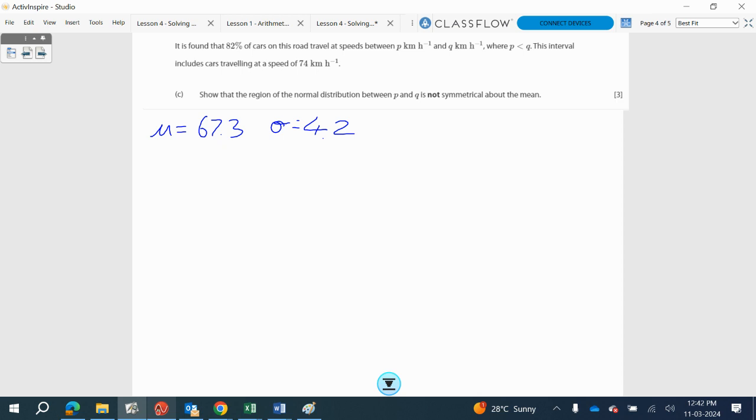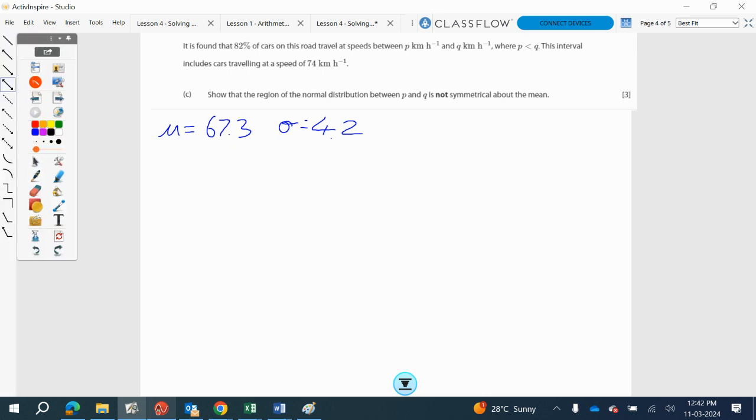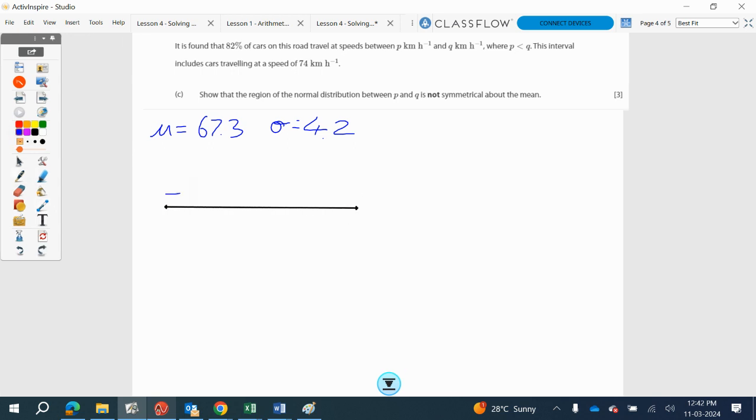So how can we see whether it's symmetrical about the mean? What I said to do, when you get to these harder problem solving questions, start by sketching. So we've got a normal distribution curve looking like this. This distance is 67.3. We're told that our interval includes this point here, 74.